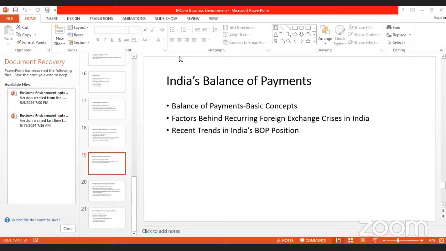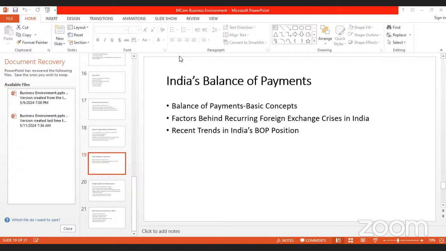Now, the fourth trend which we have seen is the impact of global events. The first is obviously the pandemic effect. The COVID-19 pandemic led to a temporary reduction in imports due to reduced demand, but exports were also affected due to global supply chain disruptions.